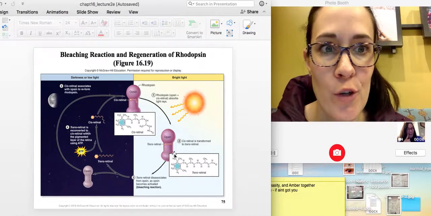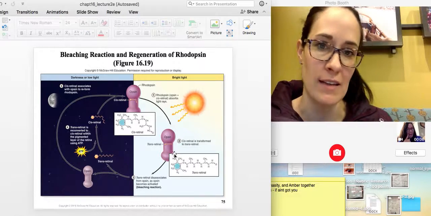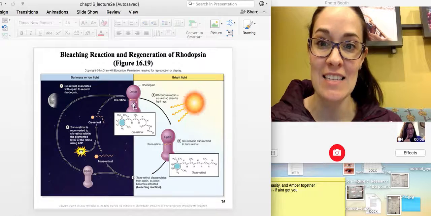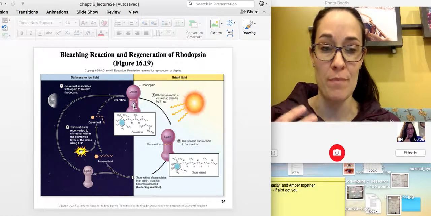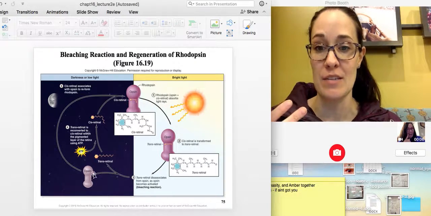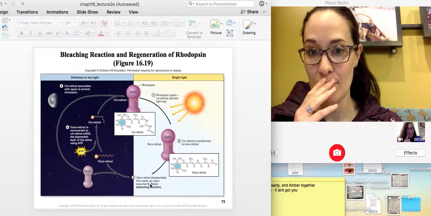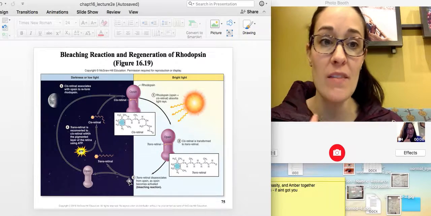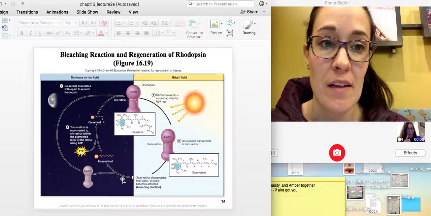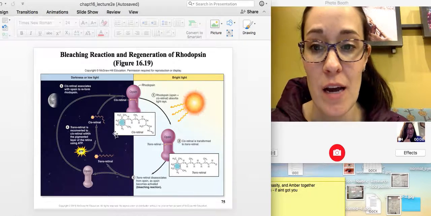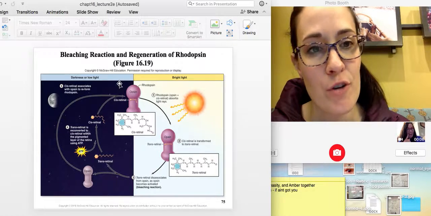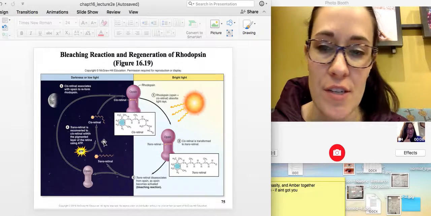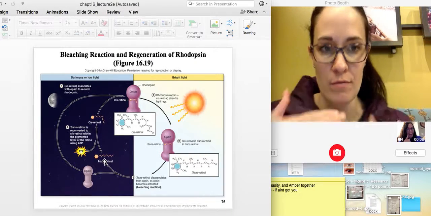And that's why it hurts a little bit when you go from dark to light. It's because this cis-retinol is changing shape and leaving the opsin as you see there. All right, boom, it leaves. And then when you go back into the dark, this rhodopsin needs to be rebuilt. This is the reverse reaction, and you need energy to do that, going from straight back to curved.